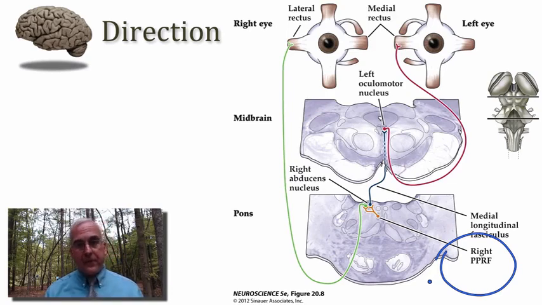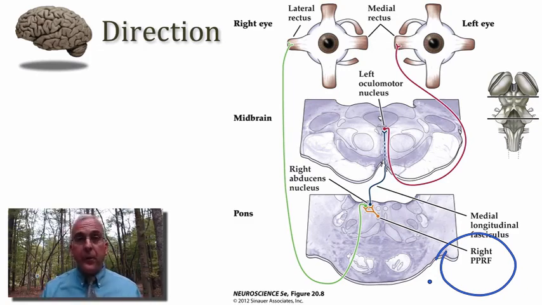And the output of this circuitry of interneurons is to coordinate the appropriate firing of abducens motor nucleus neurons and oculomotor nucleus neurons that govern the lateral and medial rectus muscles respectively, so that our eyes can move in a conjugate fashion along the horizon.